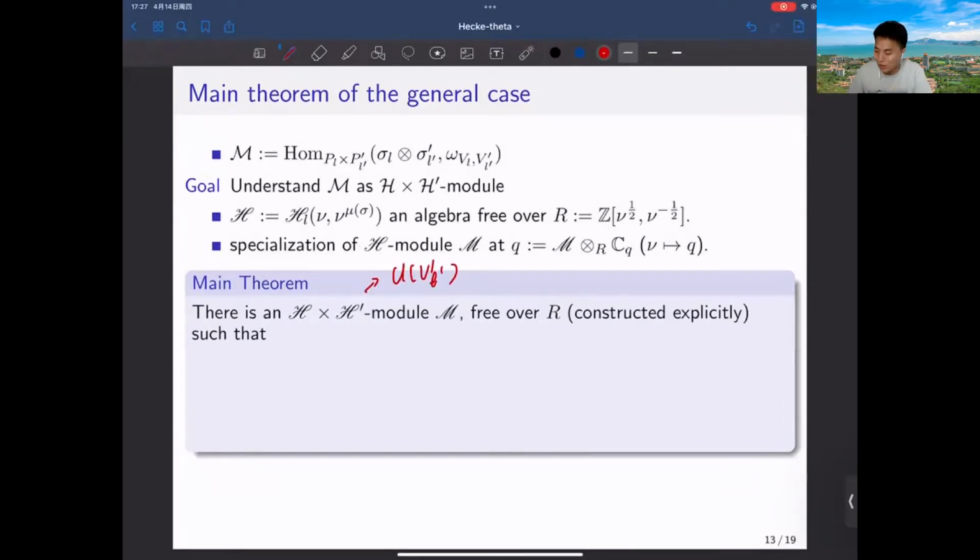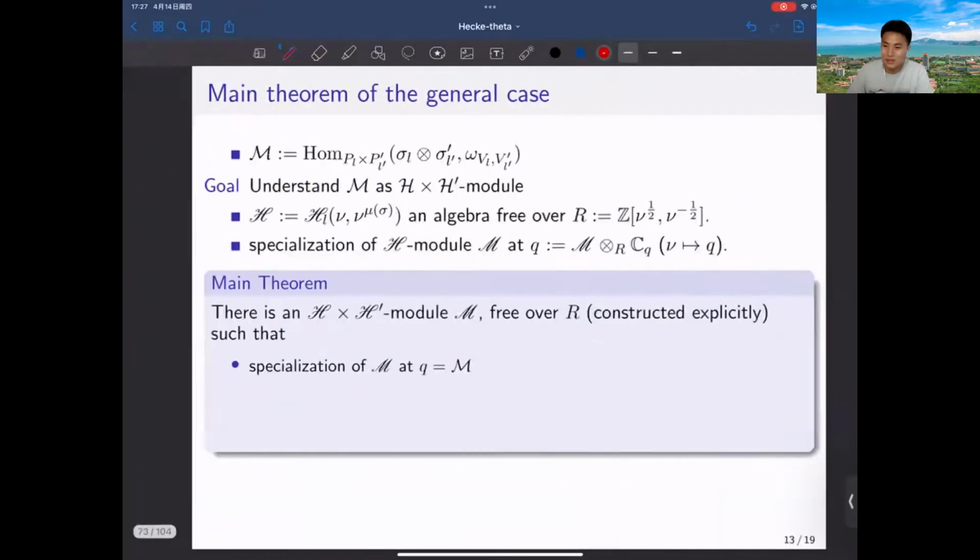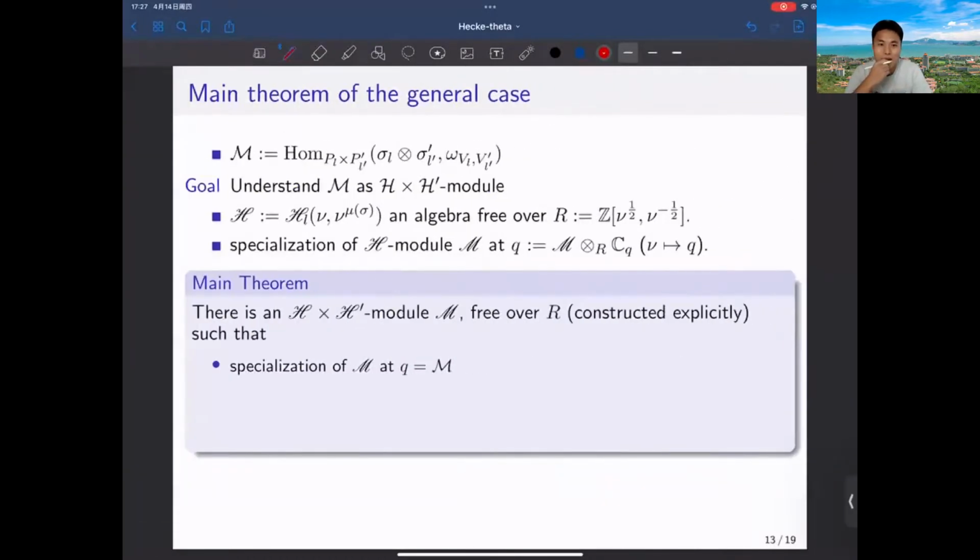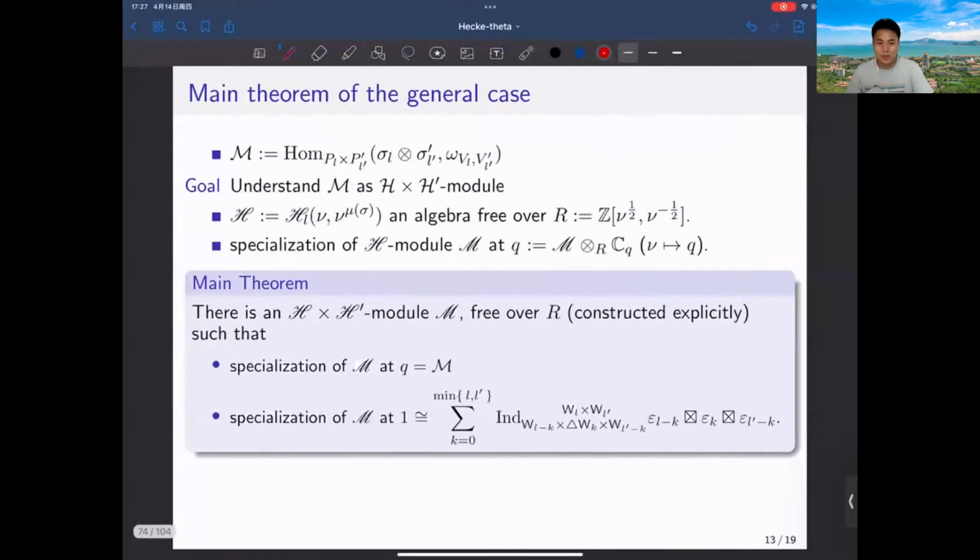Okay, so you will have a module which is called M, which is the generic Hecke algebra module free over the defining ring, such that its specialization at Q is equal to our multiplicity space, and its specialization at 1 is isomorphic to this kind of induced module.